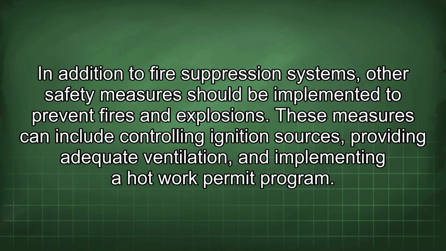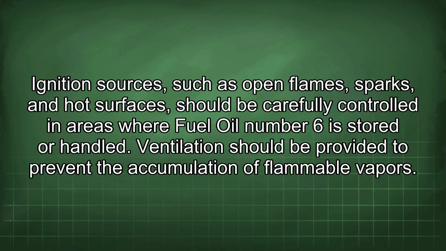In addition to fire suppression systems, other safety measures should be implemented to prevent fires and explosions. These measures can include controlling ignition sources, providing adequate ventilation, and implementing a hot work permit program. Ignition sources, such as open flames, sparks, and hot surfaces, should be carefully controlled in areas where fuel oil number 6 is stored or handled.